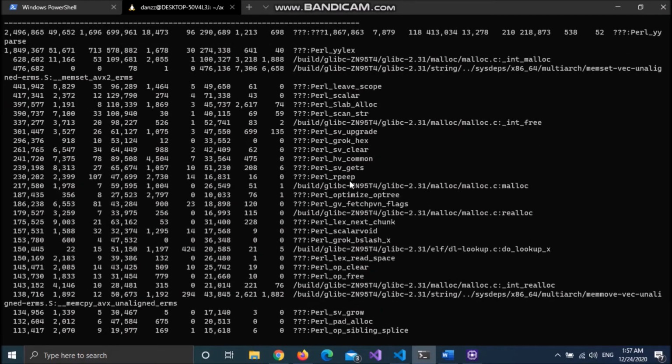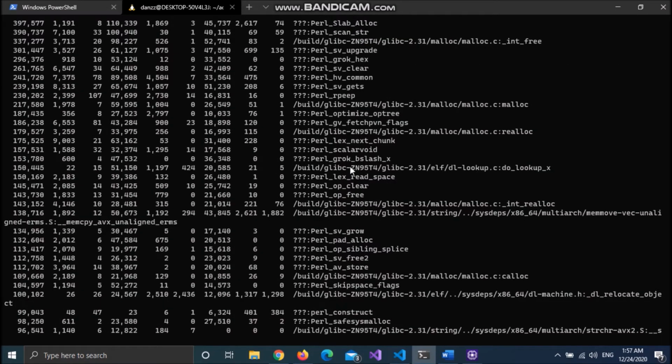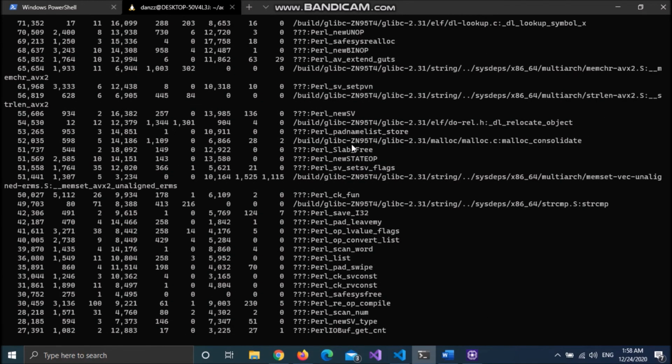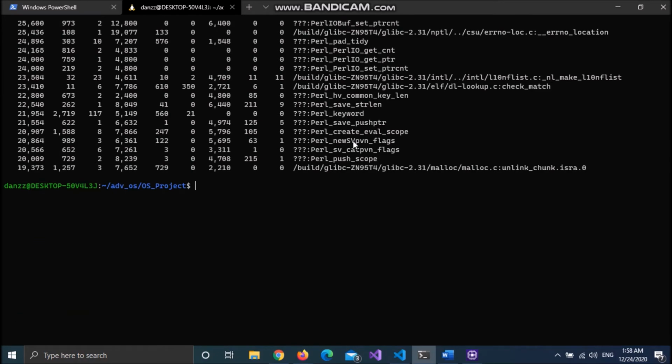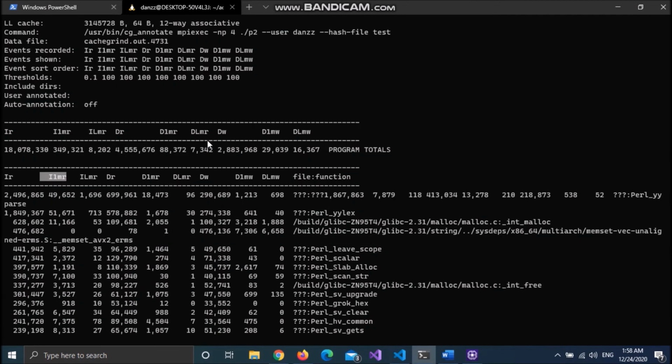So basically, this file can show the exact function and the relevant cache statistics, such as I1mr, instruction level 1 cache misses.